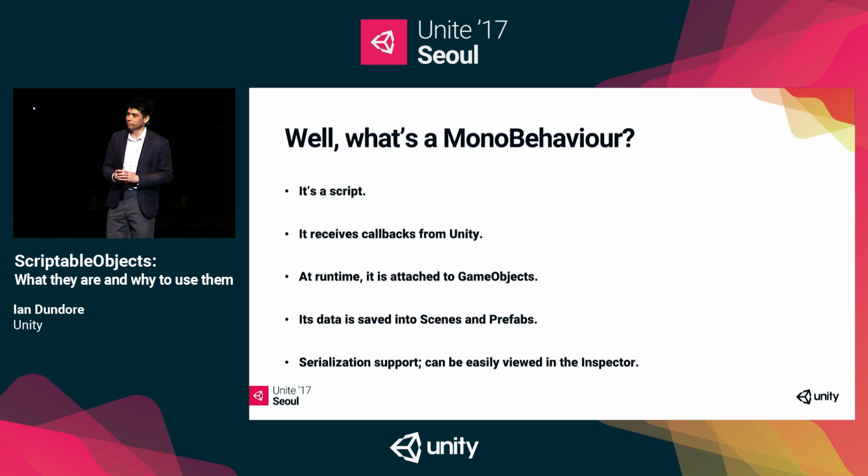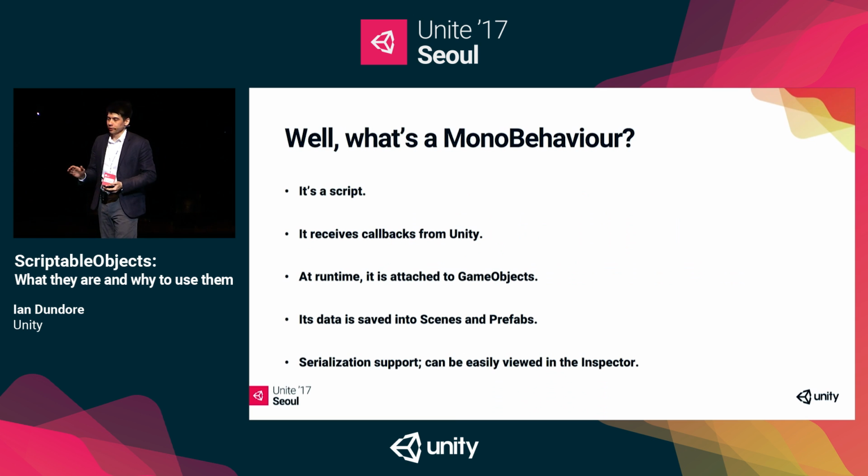What is a MonoBehaviour? Again, a very simple answer. It's a script. But you might also note that MonoBehaviours receive callbacks from the Unity engine. Start, update, on collision enter, etc.